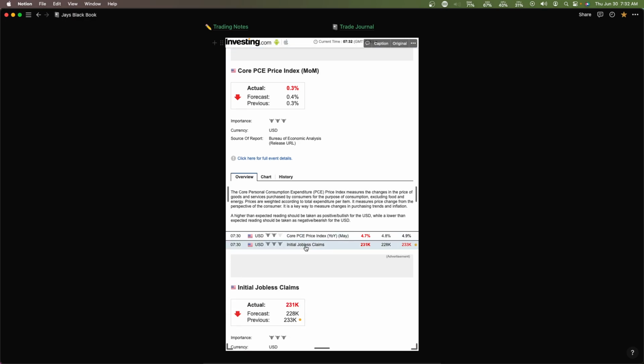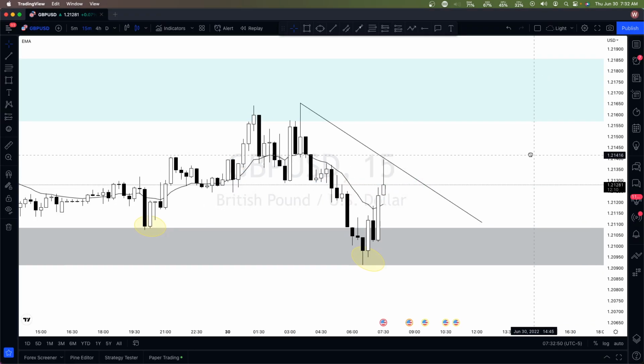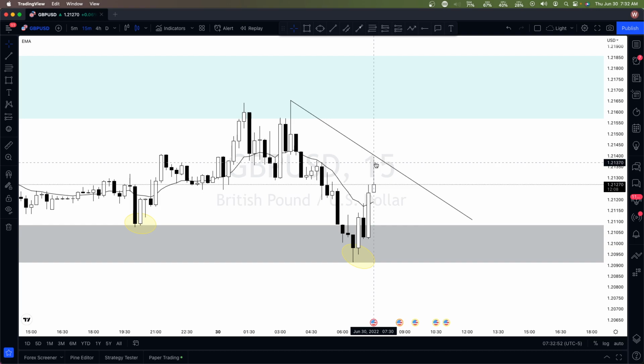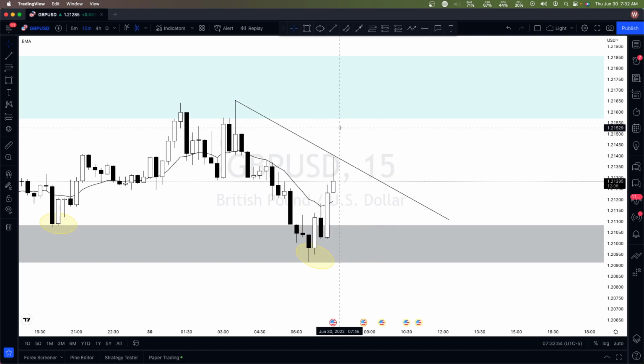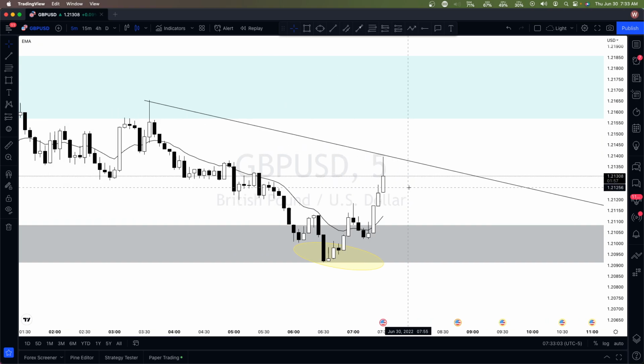Okay, and here we go. And then a lower reading should be taken as bullish for USD, which would be bearish for GU. So right now, I believe we just had the initial bull movement, and we should start seeing some bearish movement.